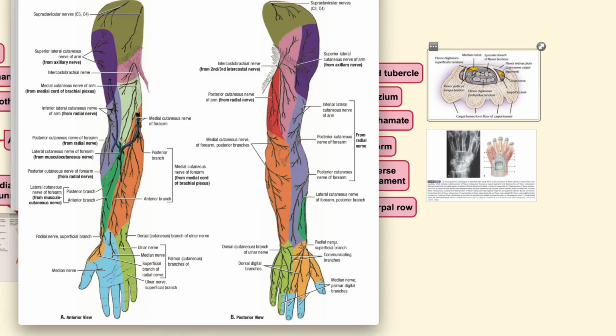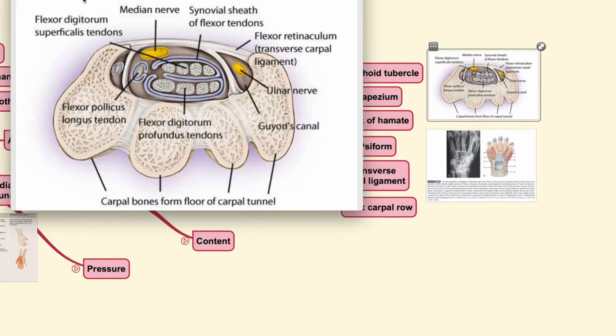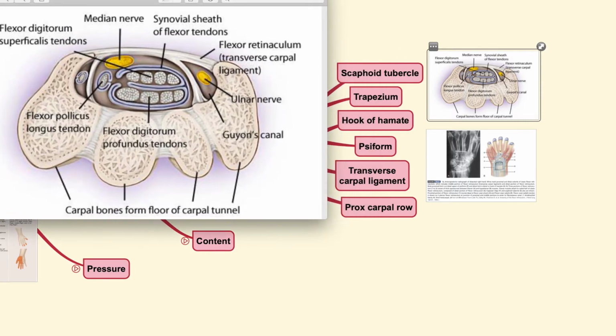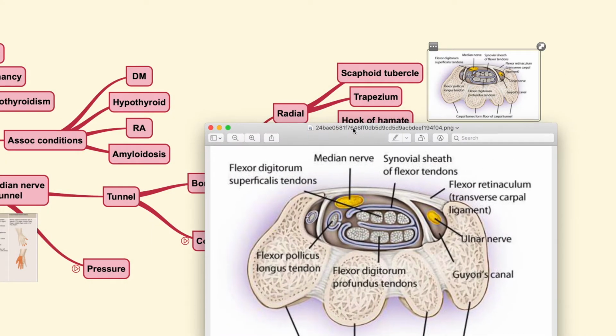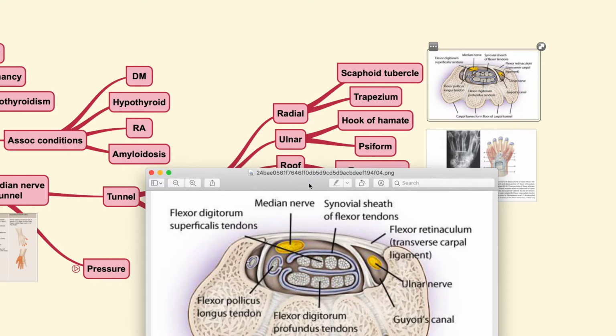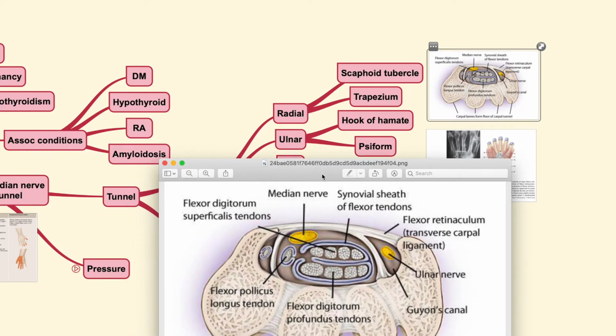Okay, the radial border goes from the scaphoid tubercle and the trapezium, and the ulnar border goes from the hook of hamate and also the pisiform.